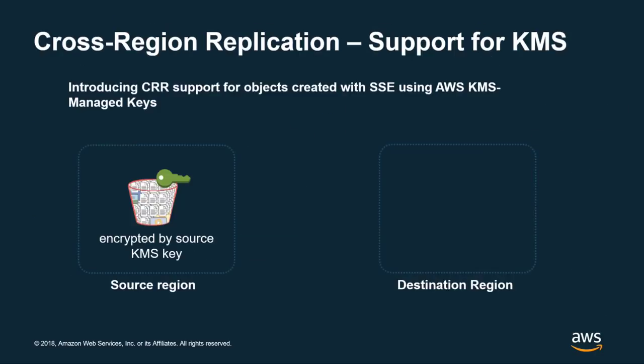So let's talk about cross-region replication with support for KMS. We've had cross-region replication for quite a while, and what this gives you is the ability to take objects in one region in an S3 bucket and send those to another region. Obviously, you've got objects encrypted at the source, but as I'd mentioned earlier, KMS keys are regional.